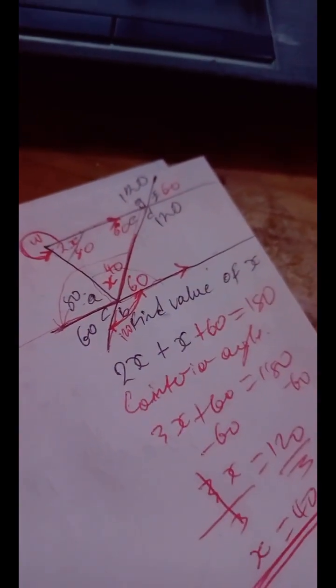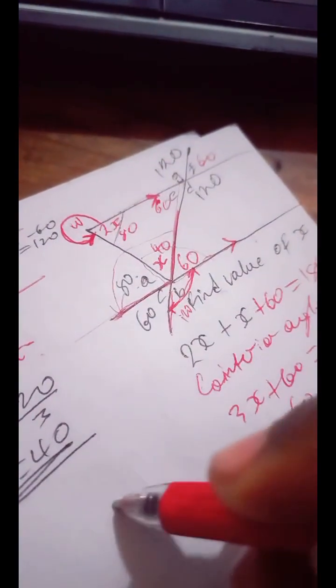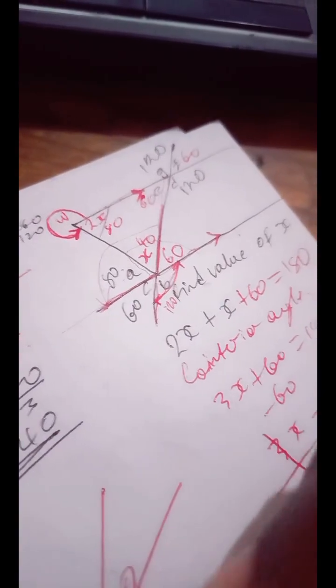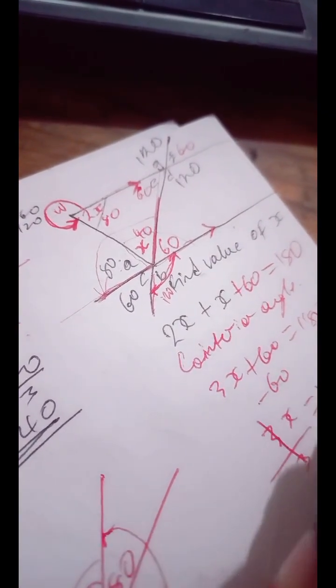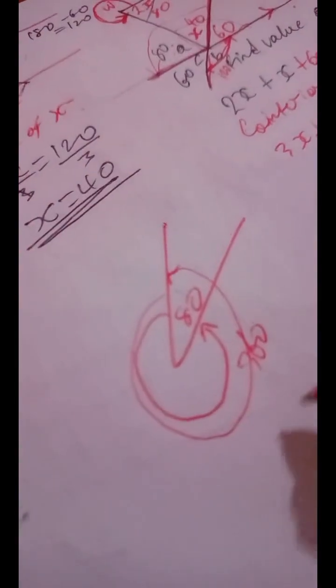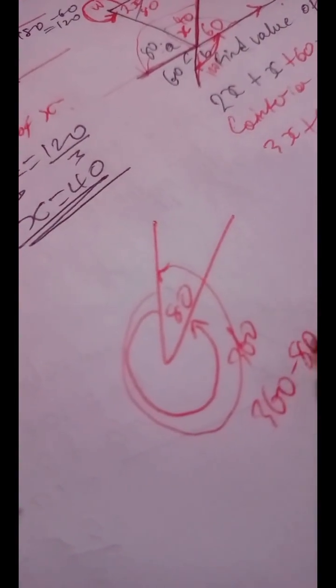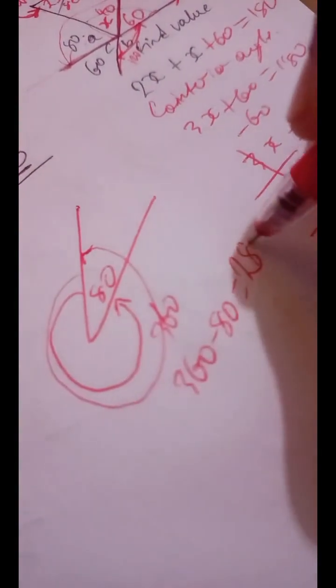Alright, guys. Strawberry, 360. Right. This is a revolution. Remember, it's like this, and this is 80. So this combined with this 80 must give you, from here right round back to here, 360, right? But this angle is part. So we are saying 360 minus 80 giving us 280 degrees.